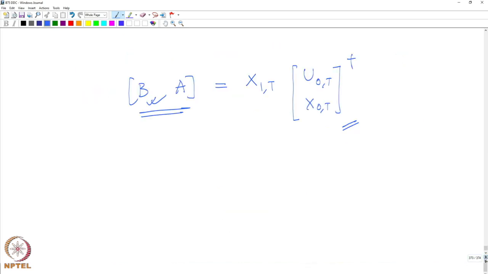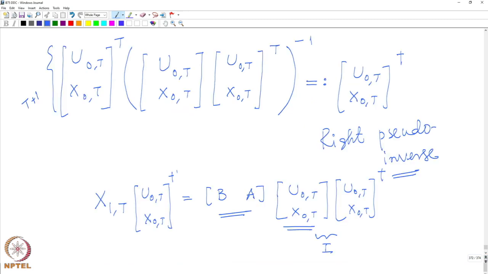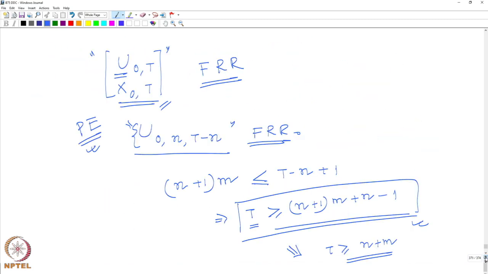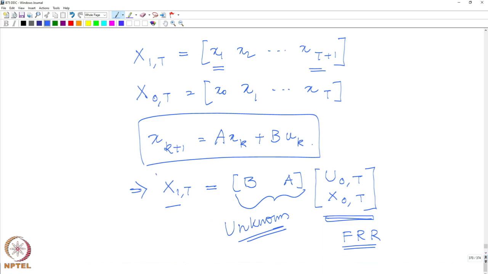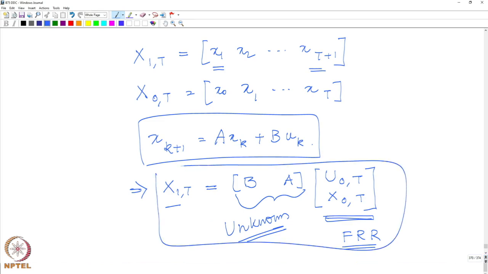One important point to note here is that if I use the pseudo inverse, when I do this, I am assuming that this was an equality. But in general when you are collecting data and suppose there is noise, in that case this equation will not be satisfiable.